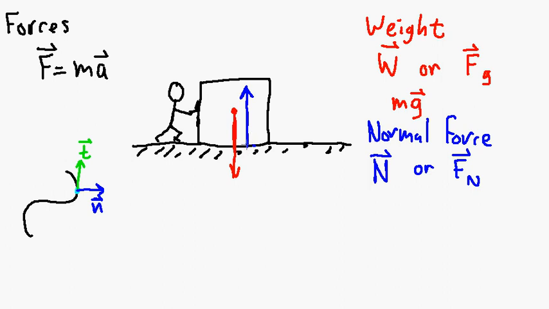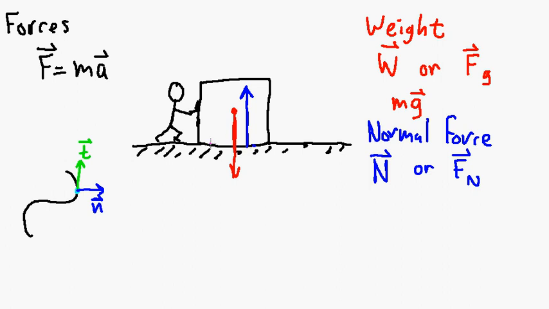Now, another force that comes along with the normal force is the force due to friction. Friction is interesting because it happens at a contact where there's a normal force, and friction acts perpendicular to the normal force.